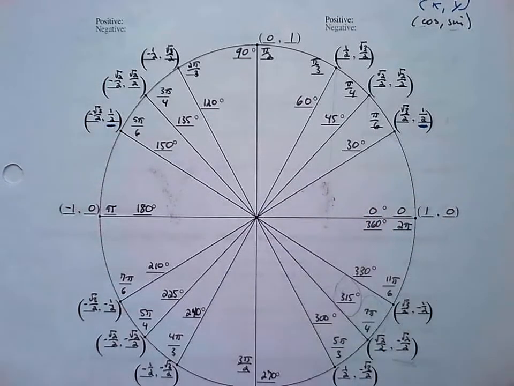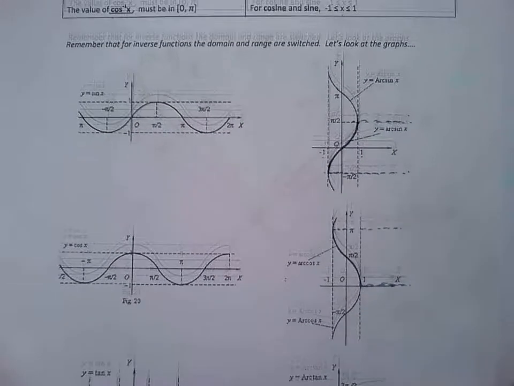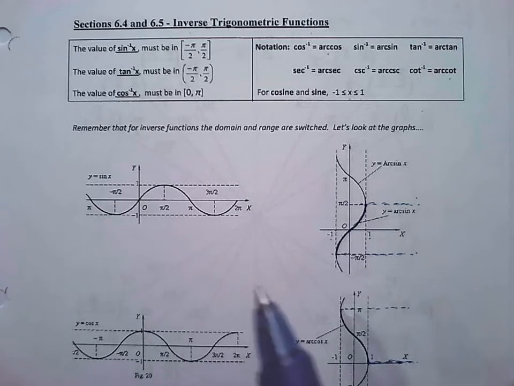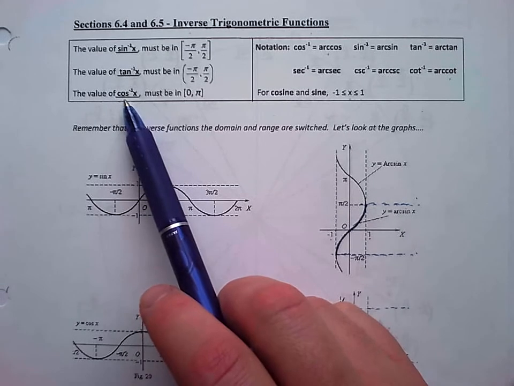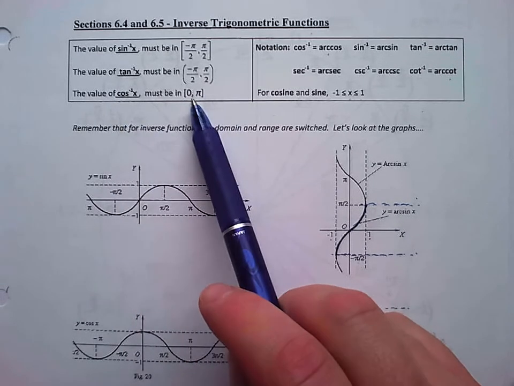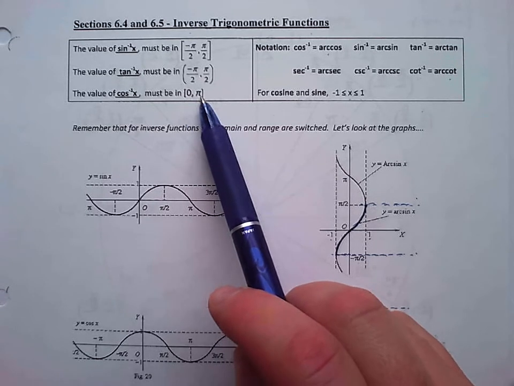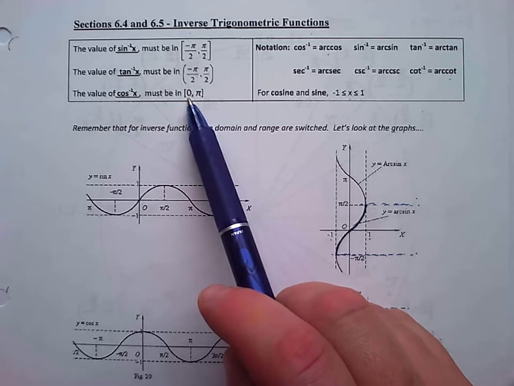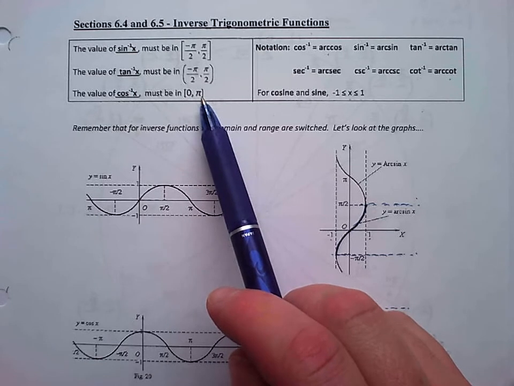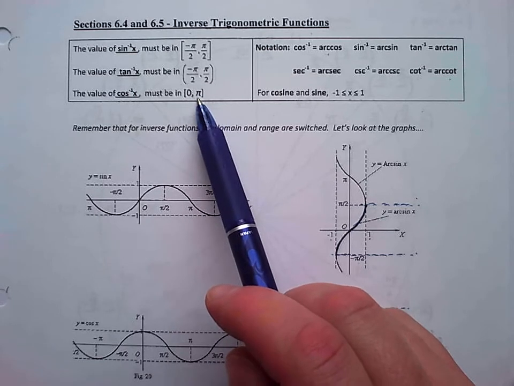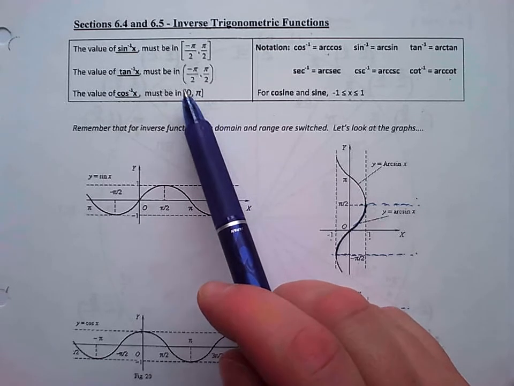For that, we're going to go back to our first definition box again. For the inverse cosine, we have to stay between 0 and pi, because it's square brackets, so 0 and pi are included. Between 0 and pi, again, pi is equal to 180 degrees.